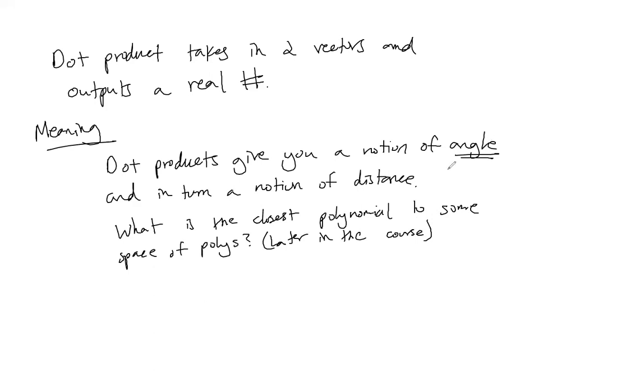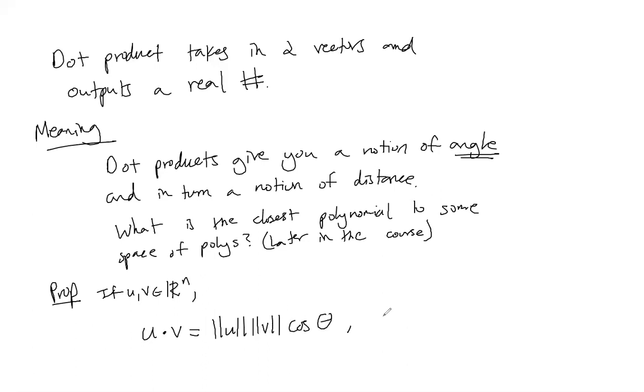The way it defines angle for us is this proposition, which we're not going to use that much in this class, but it's nice to know. If U and V are in Rn, then U dot V is the norm of U times the norm of V times the cosine of the angle theta between them.